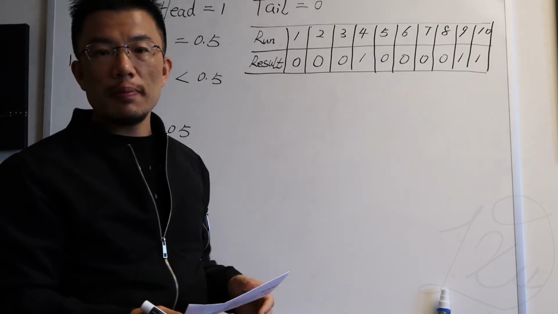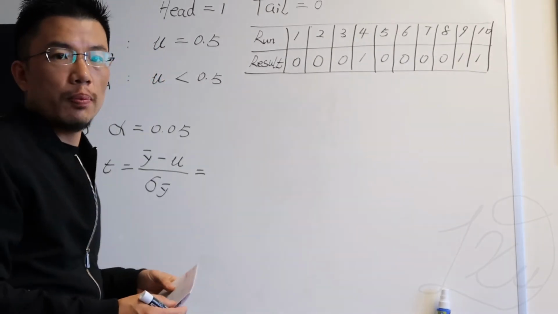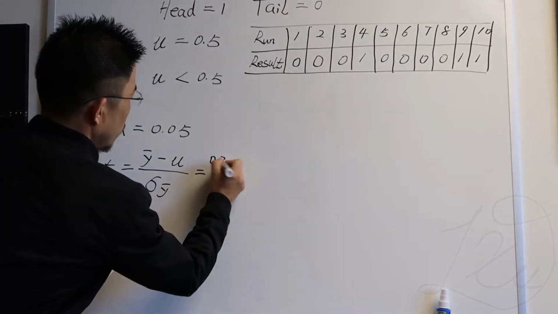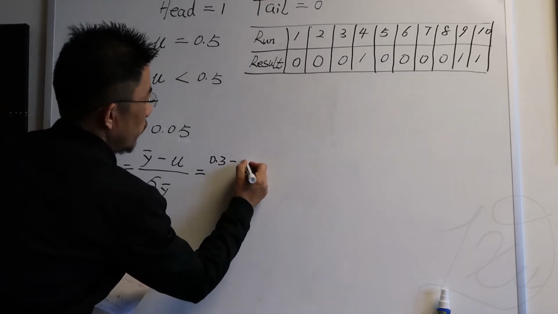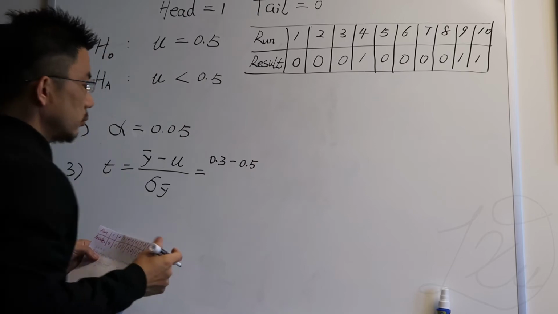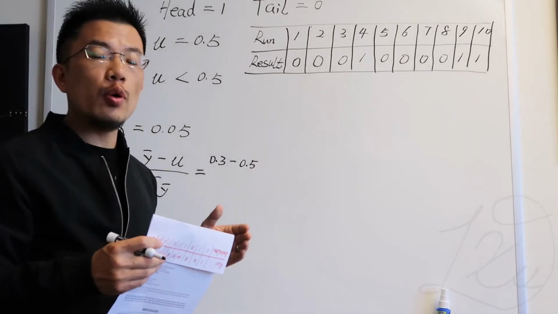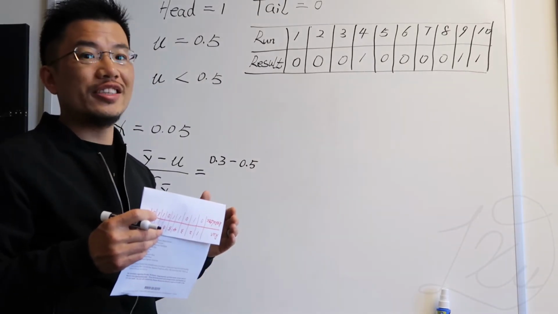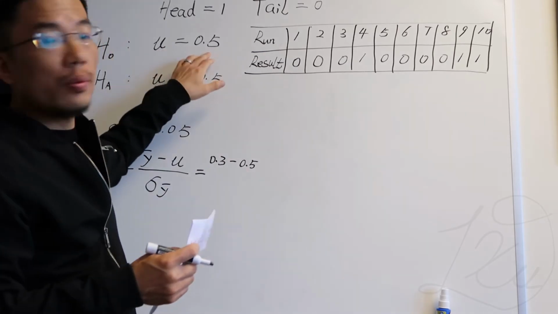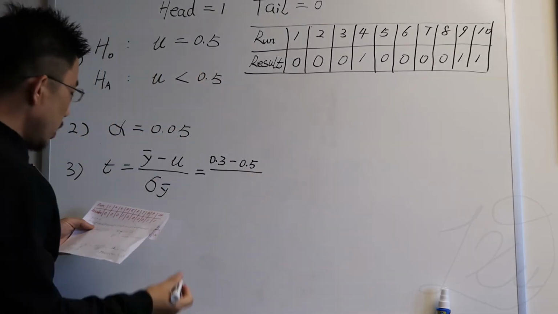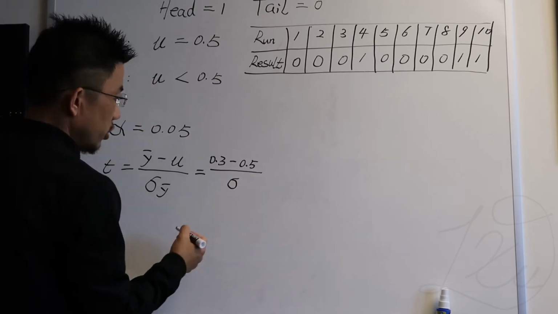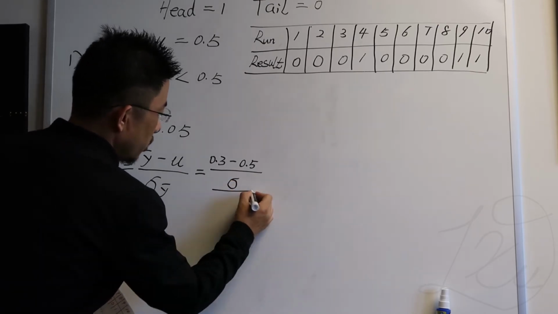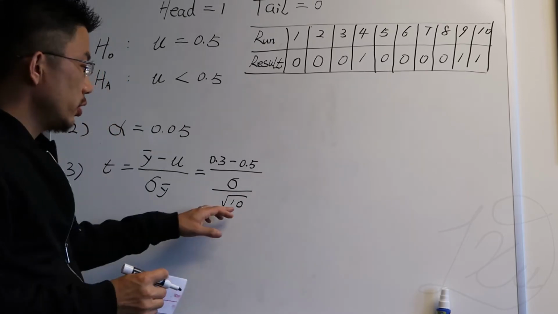So 3 divided by 10 equals 0.3. 0.3 minus mu here, 0.5. This is assumed that the sample average distribution is centered at mu, 0.5. Divided by sigma y bar, which is the population standard deviation sigma divided by square root of sample size, 10.